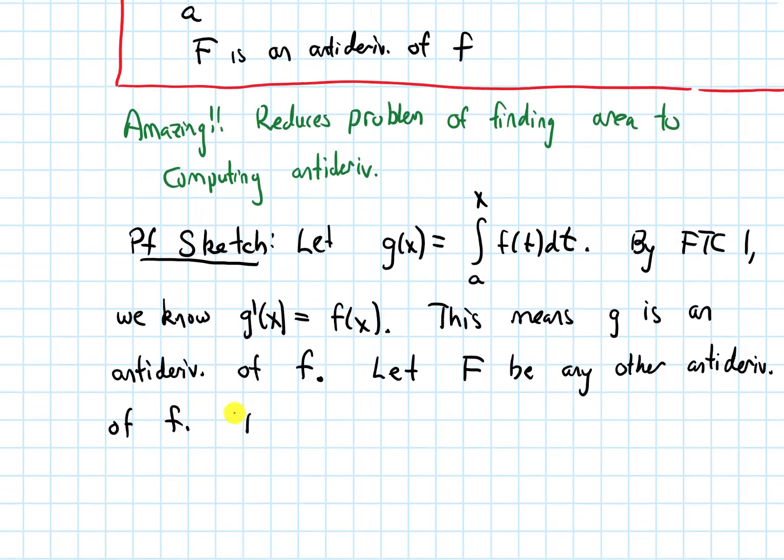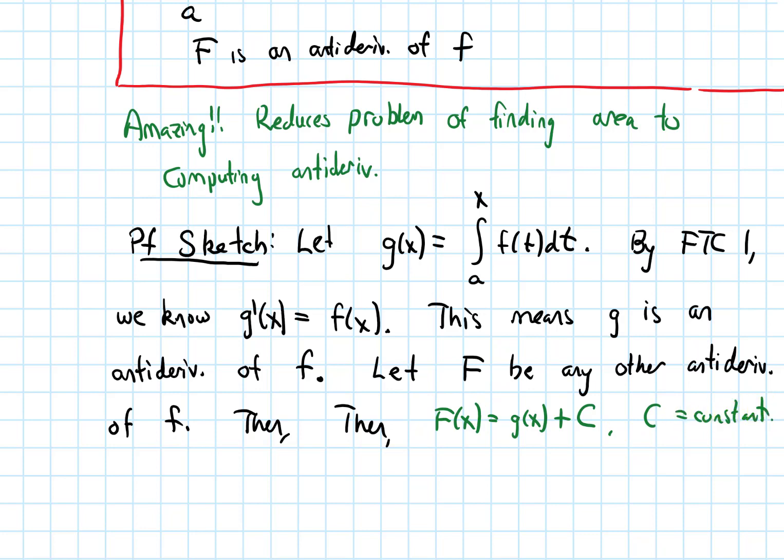Then what we have now is, lowercase g is an antiderivative of little f, and capital F we said is any other antiderivative of little f. So g and capital F are both antiderivatives of the same function. So then that means that they must differ by a constant. So capital F of x is equal to lowercase g of x plus c. Since they're both antiderivatives of the same function, they must be off by a constant. Okay, where c is a constant.